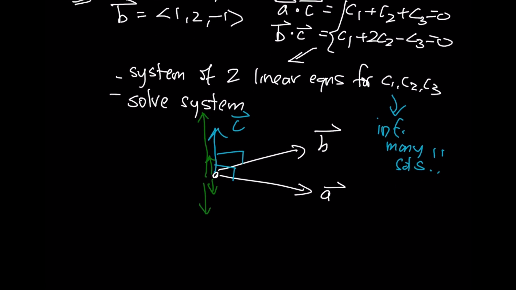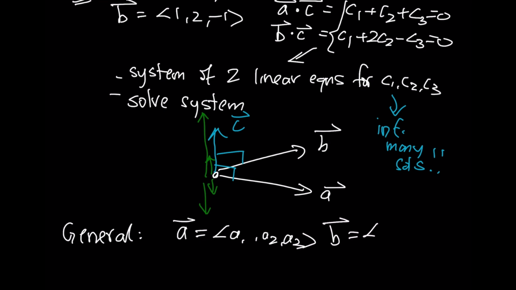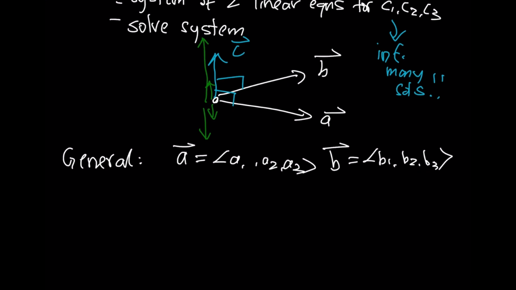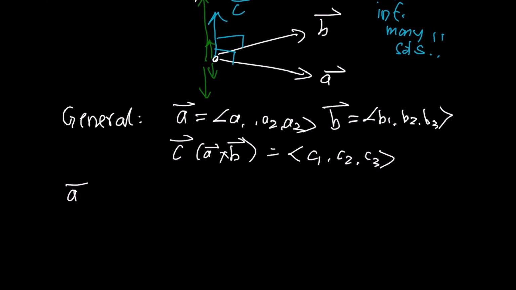So if we go back to a general version of this, A is (A1, A2, A3) and B is (B1, B2, B3). And then we'll have this third vector, which represents the cross product, (C1, C2, C3). A dotted with C is A1C1 plus A2C2 plus A3C3.